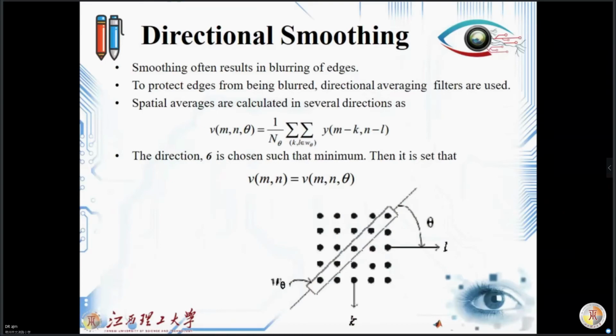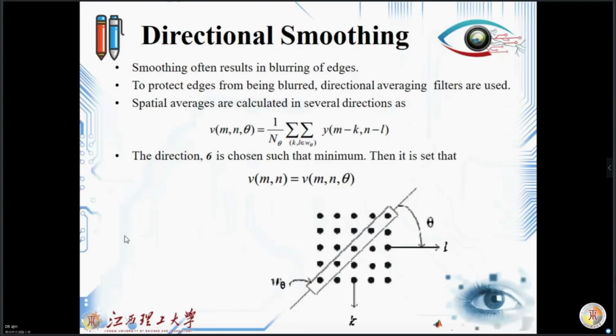We have directional smoothing, which is often the result of blurring edges. When we make the edge of the picture blur, this smoothing will happen. To protect the edge from this blur, a directional averaging filter is used, and this spatial average is calculated in several directions, as the figure here shows.